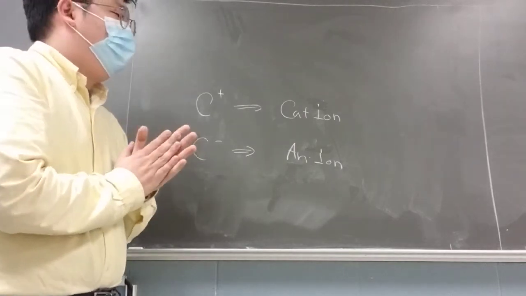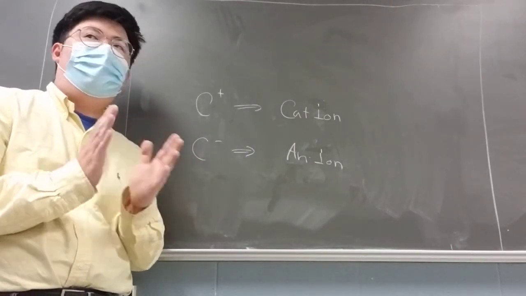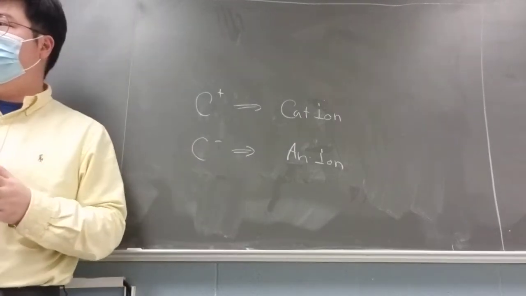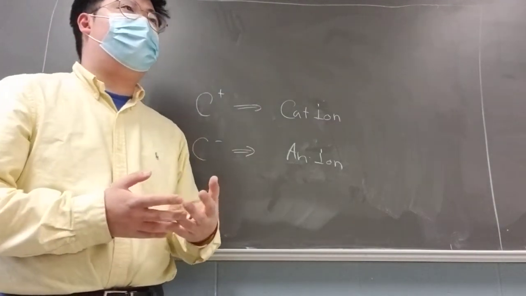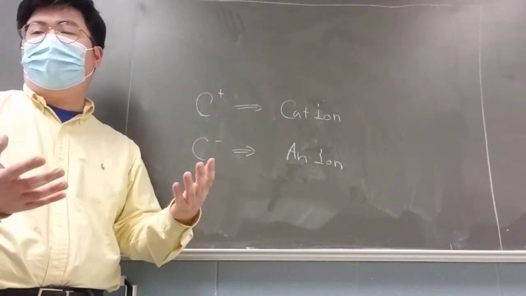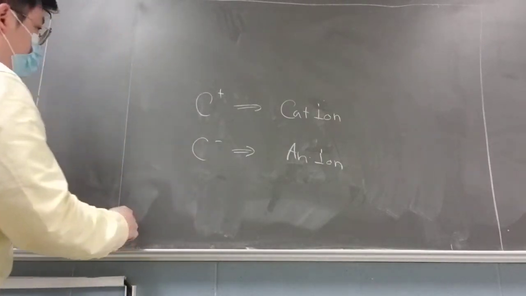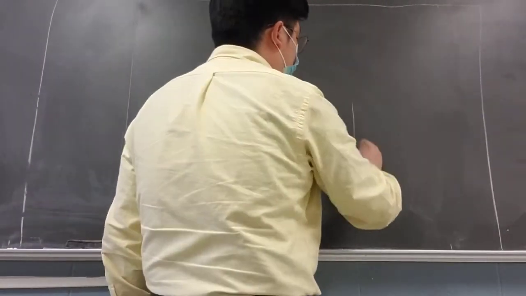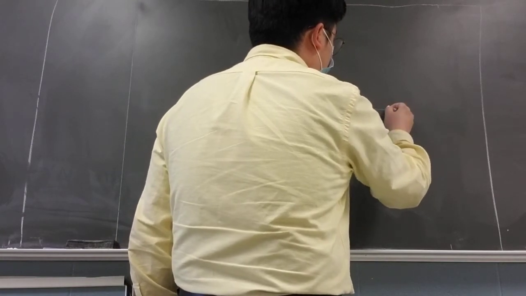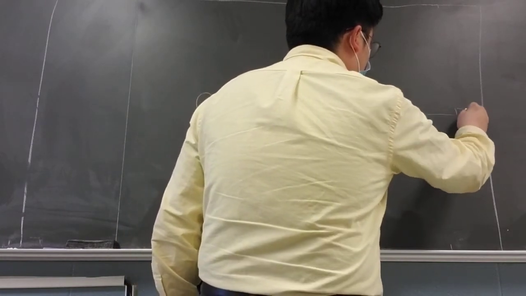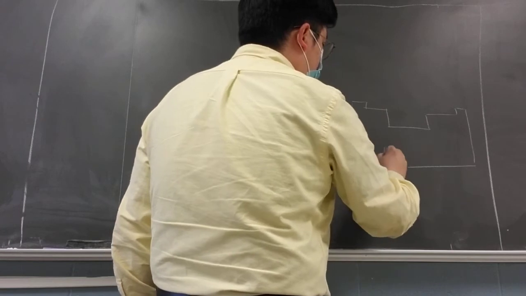This is important because later on we're going to learn about the octet rule, where you can find the trends in the periodic table. So one brief thing, if you look at the periodic table, someone looks like this one.